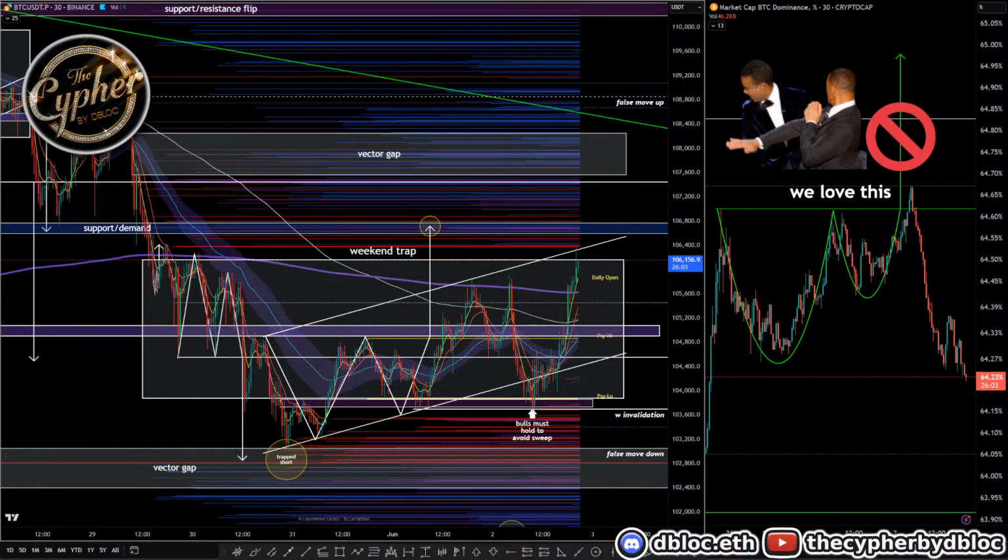There's a point at which you aren't curving, you aren't coming down the arc anymore. This would be the pivot point right here.